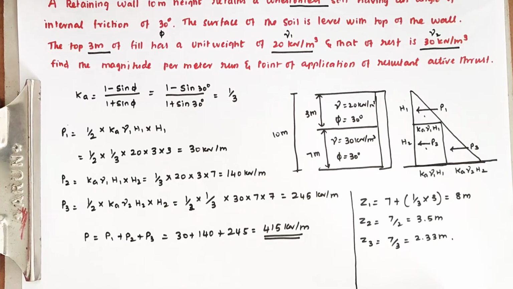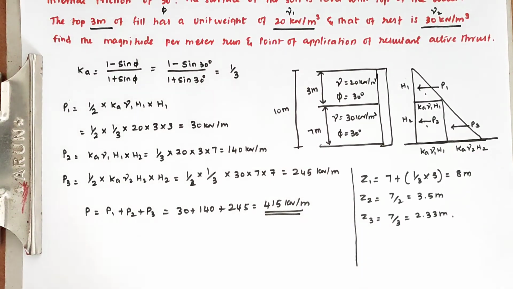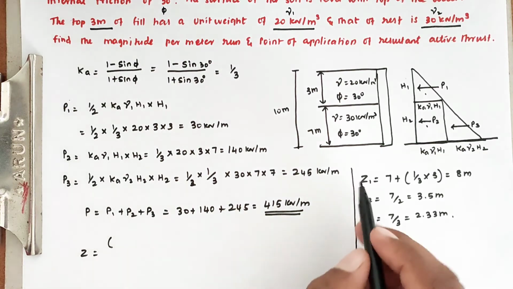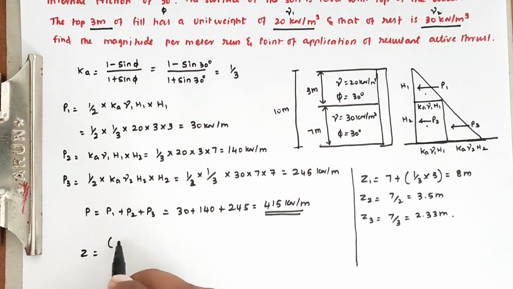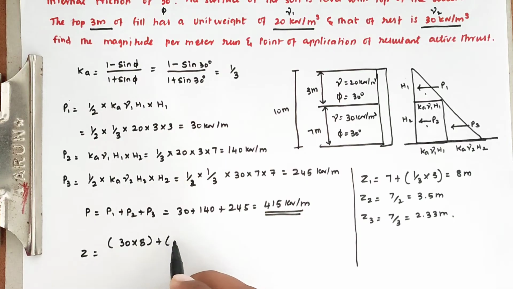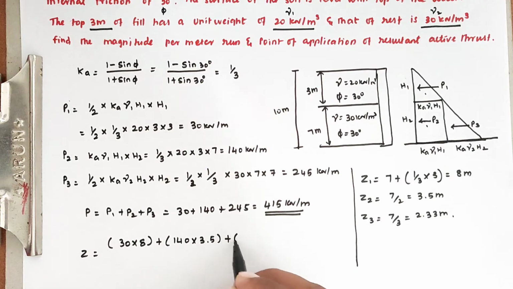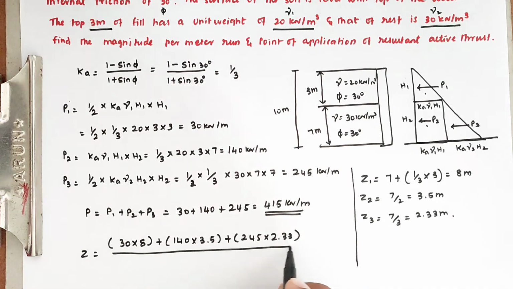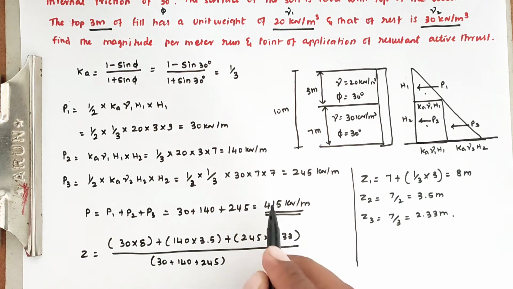Now we can find the point of application. Z equals P1 into 8, that is 30 into 8, plus P2 into Z2, that is 140 into 3.5, plus P3, that is 245 into Z3 value 2.33, divided by 30 plus 140 plus 245, that is 415.